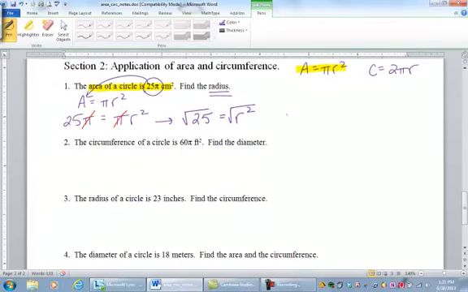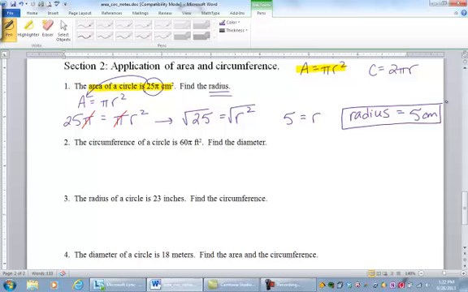Square root of 25 is 5. Square root of r squared is just r. So that means that my radius, that's what we were trying to find this whole time, is 5. What are the units of the original problem? Centimeters in this case. And that is it.